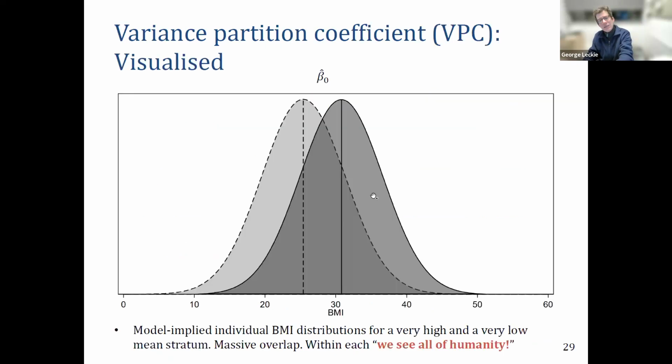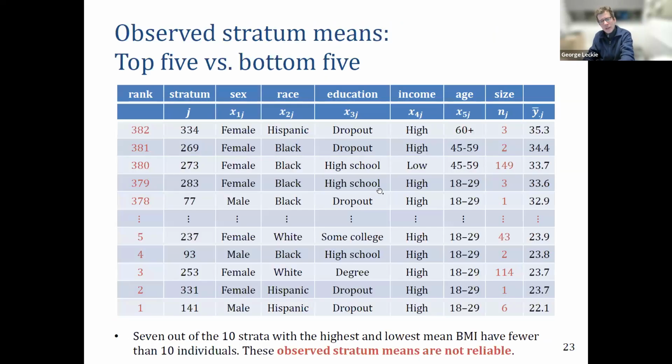And the idea here is if we go back to this league table, and remember we saw all these different observed strata, one row per stratum, they've all got different means. So what's the global mean? Do we take a straight average of all these numbers?